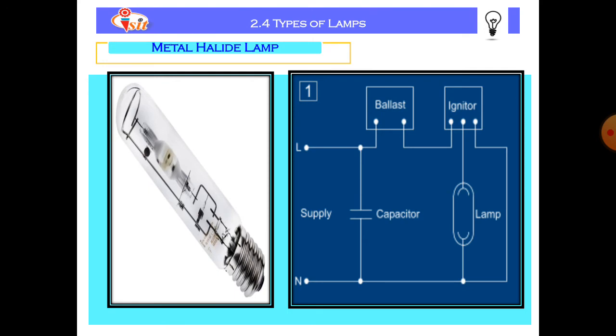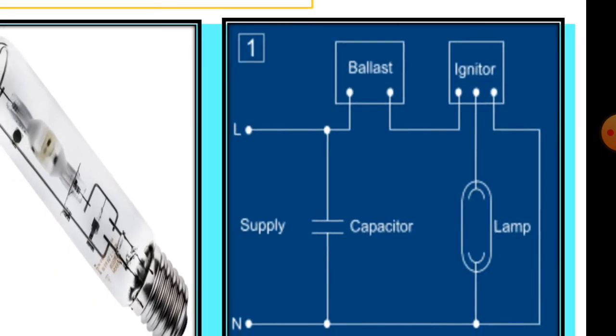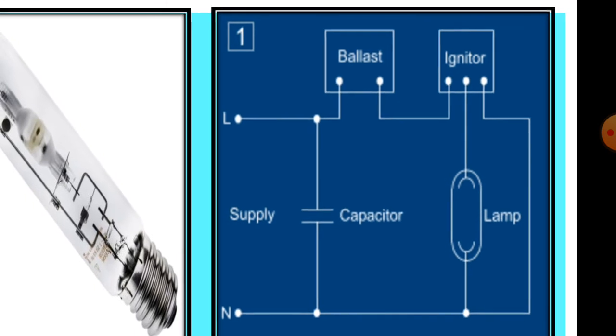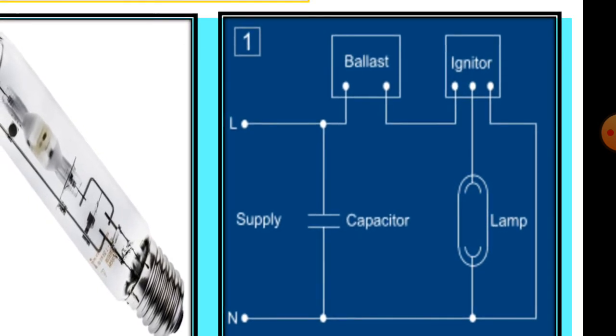Now this next diagram shows the wiring or the circuit diagram for the metal halide lamp. The lamp requires high starting voltage which is fulfilled by the igniter itself. So in series with the ballast, the igniter coil is used to initiate the arc between these two electrodes.